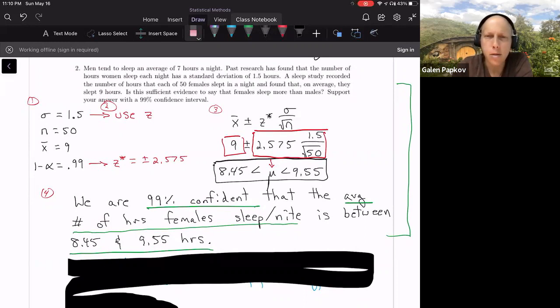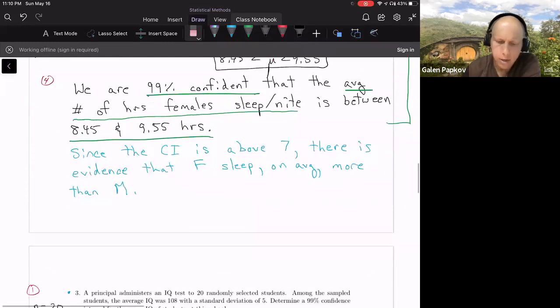And so you ask yourself, well, is mu, whatever value mu is, likely to be greater than 7? And since this interval, whatever value mu might be in that interval, is greater than 7, that is the justification to say that there is evidence that females sleep on average more than males. So not too bad, pretty logical.